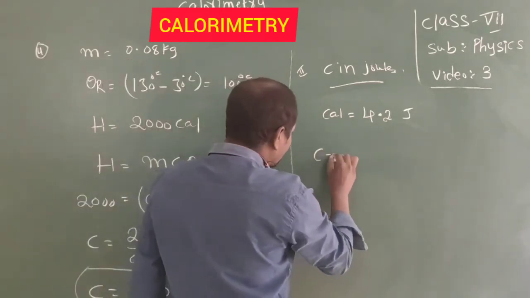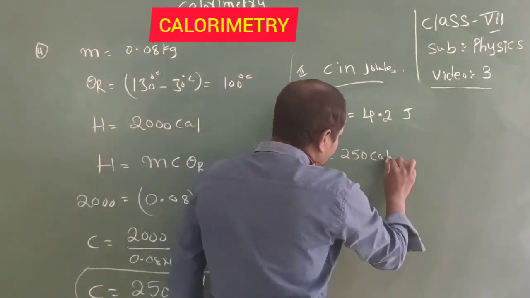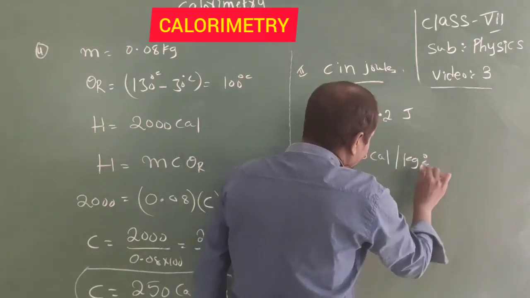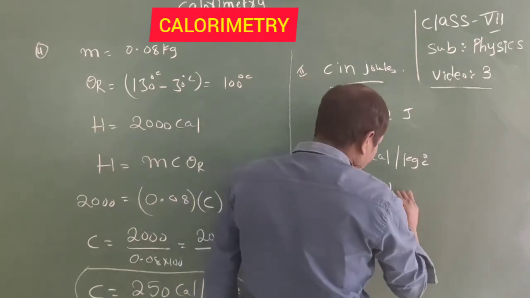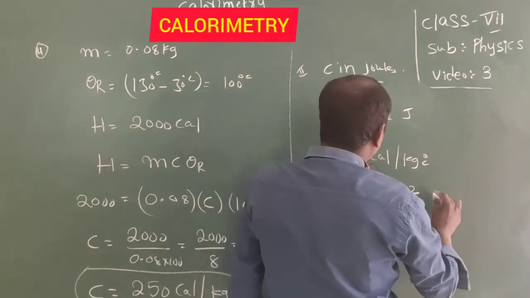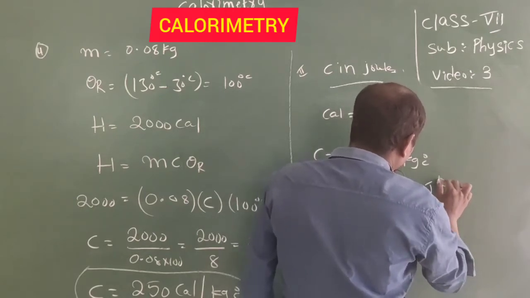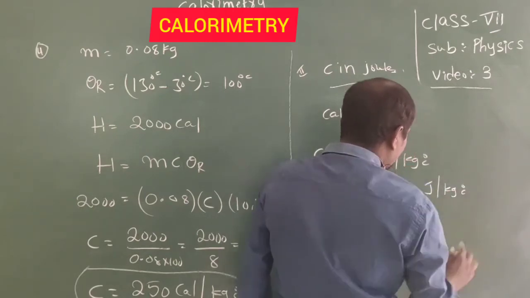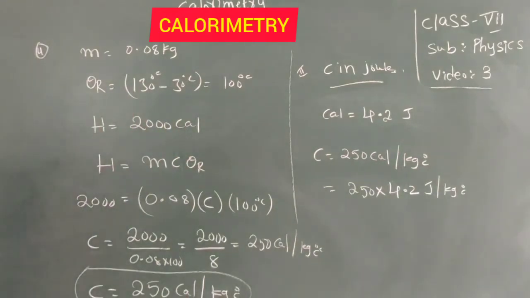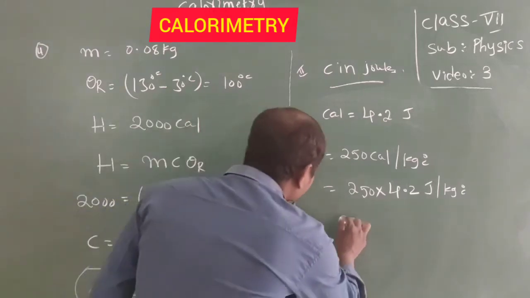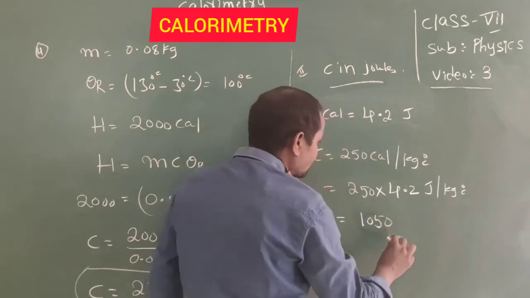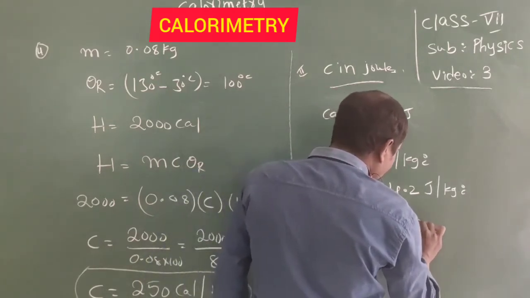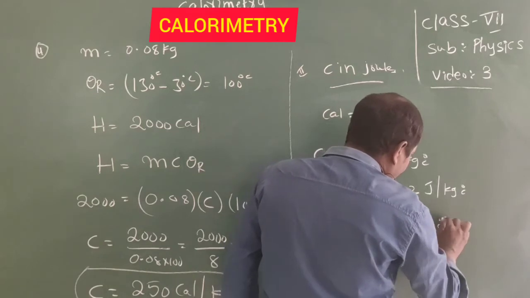So C we got 250 calories per kg degree Celsius, that equals 250 into 4.2 joule per kg degree Celsius, that equals 1050 joules per kg degree Celsius.